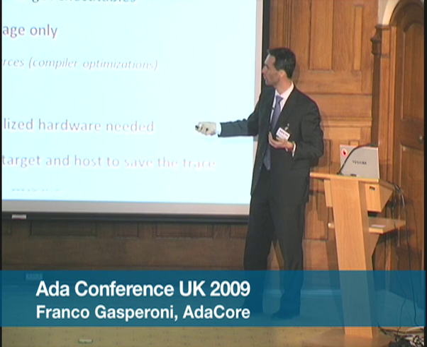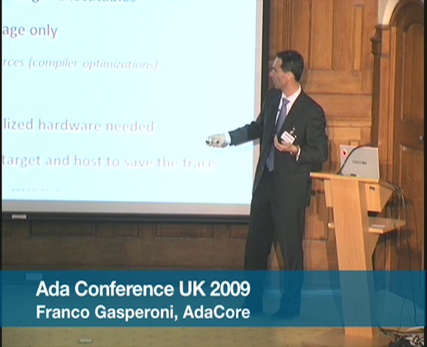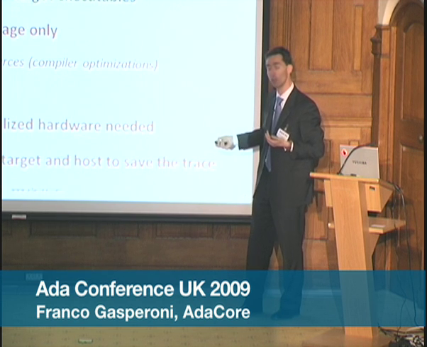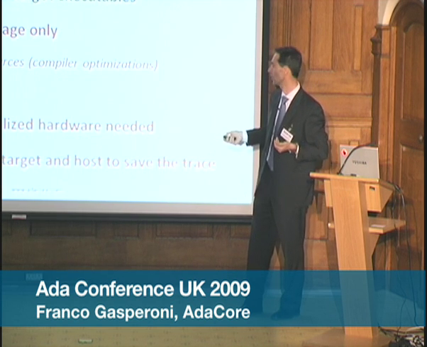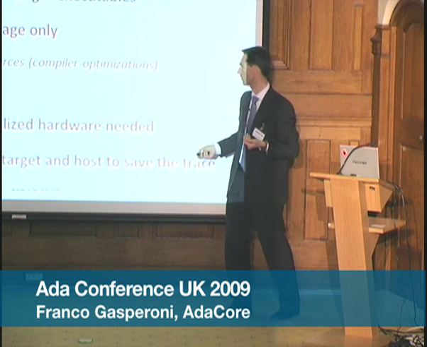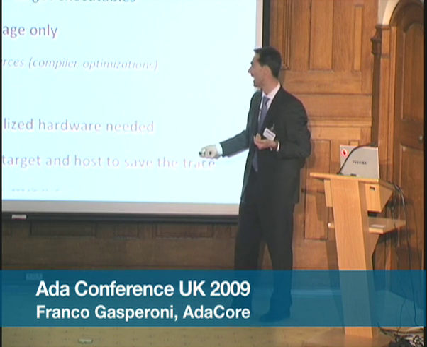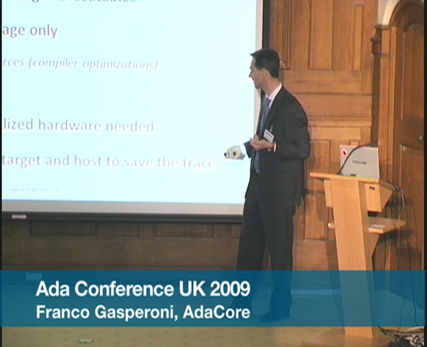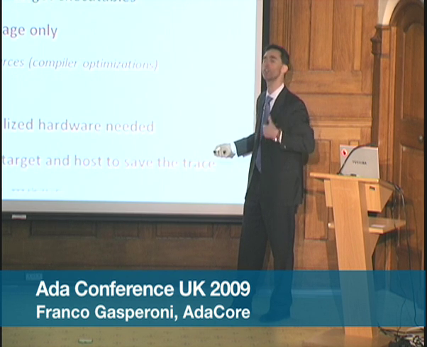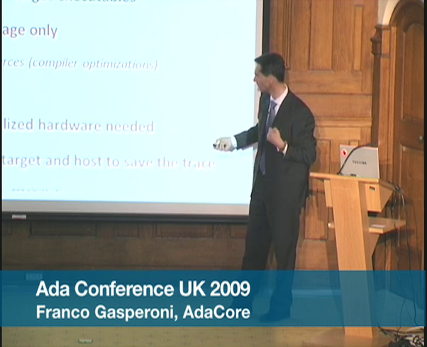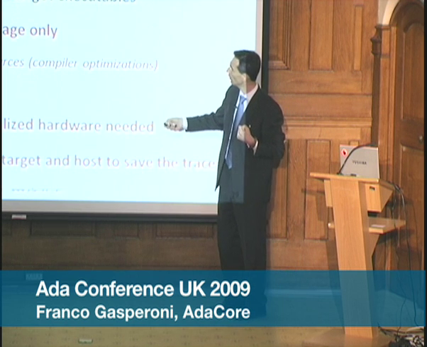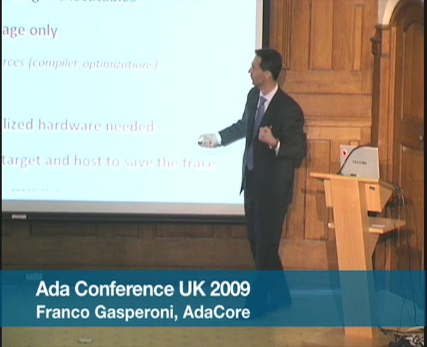And so we needed to solve these two downsides. First of all, it can be slow and it needs hardware. So if you don't have the target hardware yet, you can't start doing coverage analysis in this context. And the fact that if you're running on the real hardware, you need a connection between the target and the host. And then I'll talk about how we address this issue.